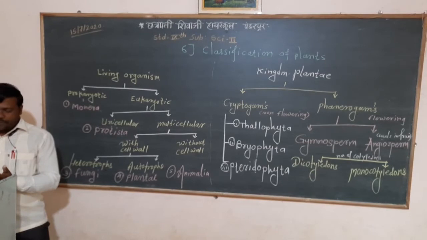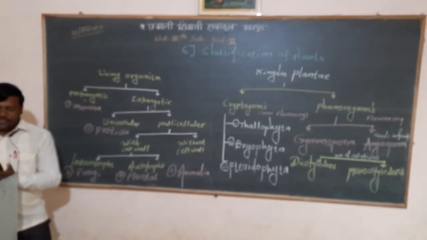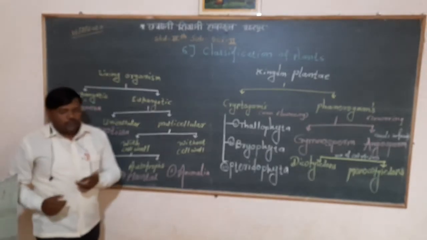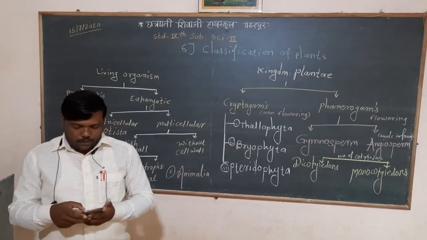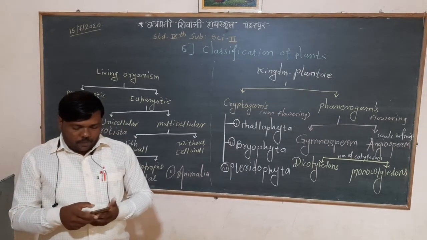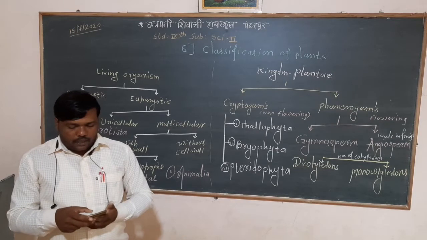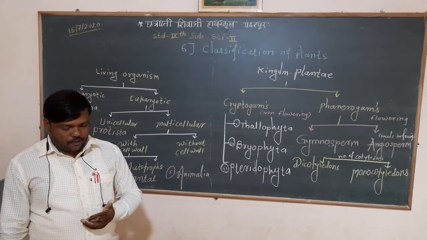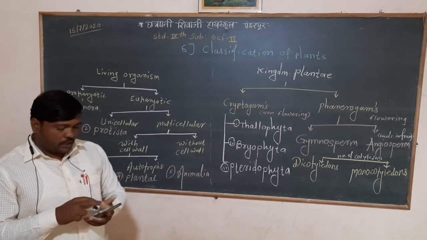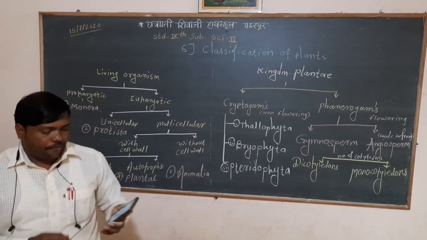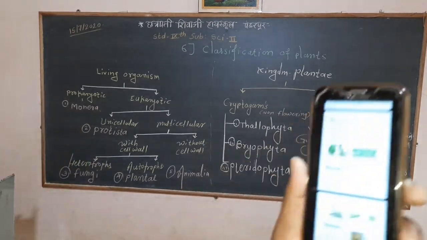They have root-like and stem-like structures, but not true ones, and they do not have specific tissues for the conduction of food and water. Here are the examples given in the book.